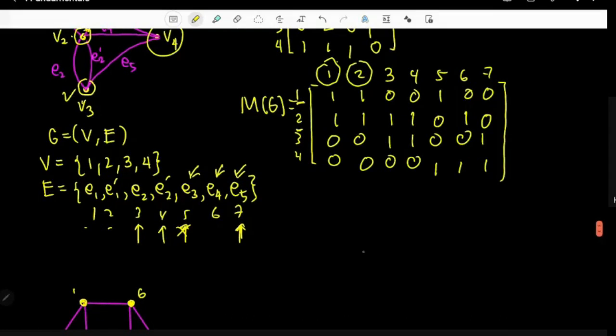So when we construct these two edges, one is incident to vertex 1, and then the other point that this edge is incident to is vertex 2. So that means this will construct one edge on vertex 1 and vertex 2. On the other hand, this edge will also be constructed using vertex 1 and vertex 2. So that means we can construct another edge on vertex 1 and vertex 2.